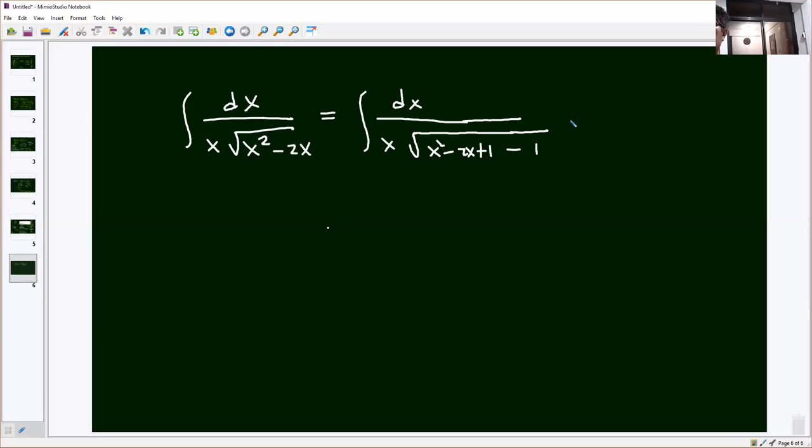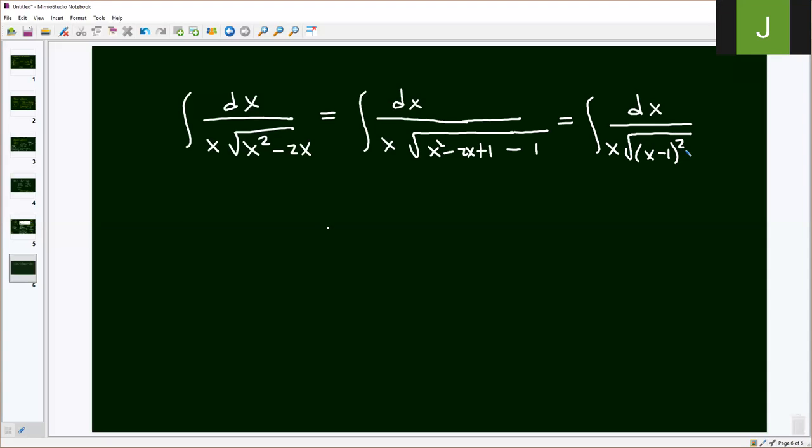So dapat magiging integral dx over x and then the square root of the quantity x minus 1 squared minus 1. So guys, ito na yung ating u squared. Ito na ang ating a squared. So minus. So dito pa lang, set up na natin, our u is x minus 1. Our a is 1. So, pwede na mag-trig sub dito pa lang.